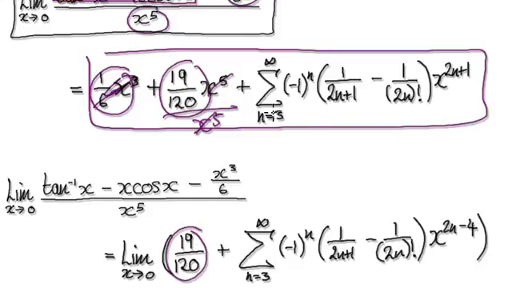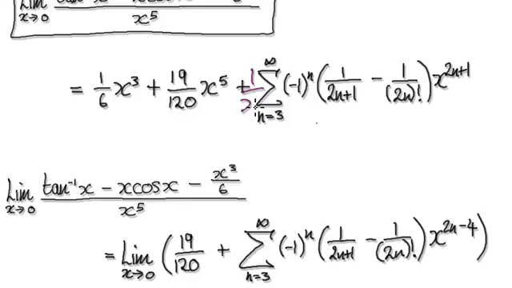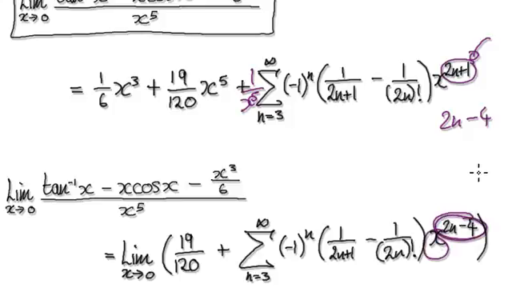And then when you divide all the terms in this summation by x to the power of 5, you simply take away 5 from the power. So it will be 2n minus 4. That will then give you this. So it will be x to the power of 2n minus 4.